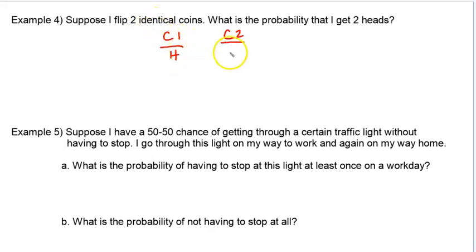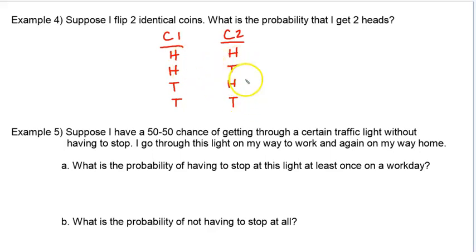All right, I could have a head on each. I will have maybe a head on coin 1 and tails on coin 2, or that could be switched. I could have tails on coin 1 and heads on coin 2, and the other possibility is that they're both tails.